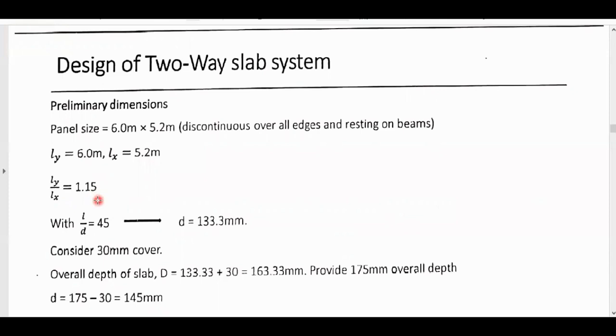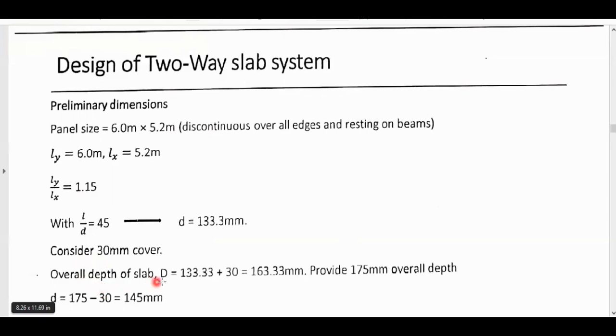So by thumb rule, let L by D ratio be 45. So depth is equal to span by 45, which will give us 133.33 mm. So this will be the effective depth here. Let's consider the cover as 30 mm.